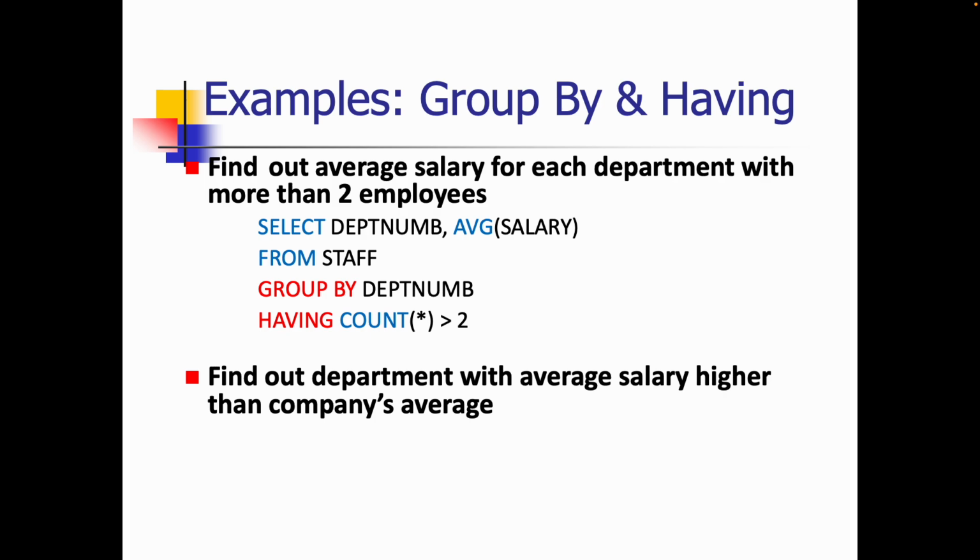Okay. So next example, finding department with average salary higher than company's average. Again, I emphasize on differentiating this query with the one that asking you finding the staff or employees with average salary greater than company's average.